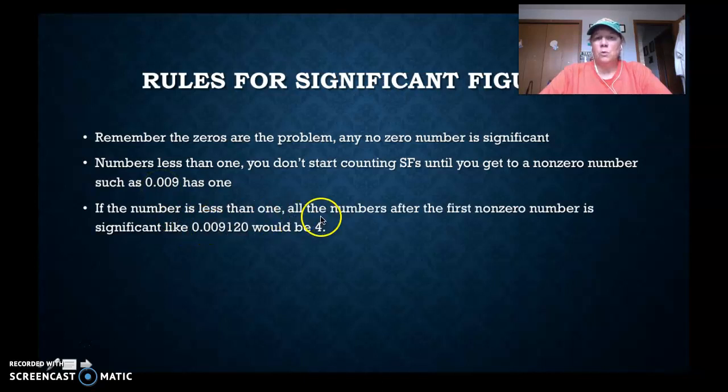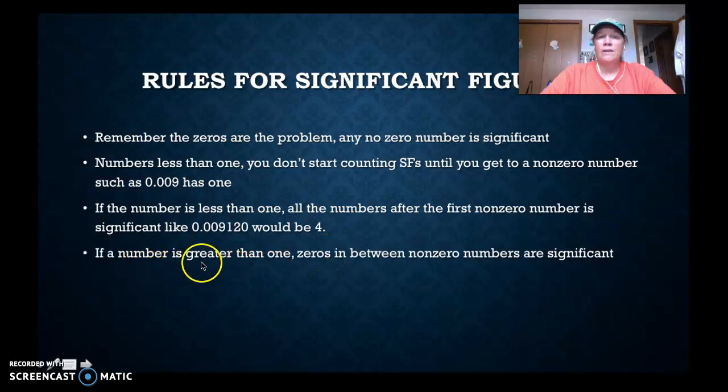If your number is less than 1, once you get to a non-zero number, then they're all significant. So again, these first 3 would not be significant, because they're placeholders. But now I would count the 9, the 1, and 2, and I would also count the 0 because it's after a non-zero number. So this one would have 4. So when I'm trying to figure out the number of significant figures in this number, it would be 4.